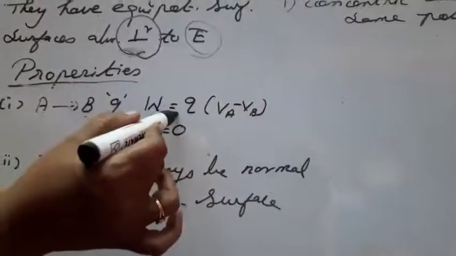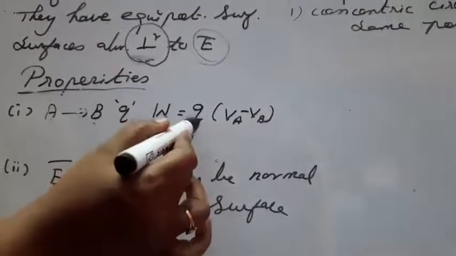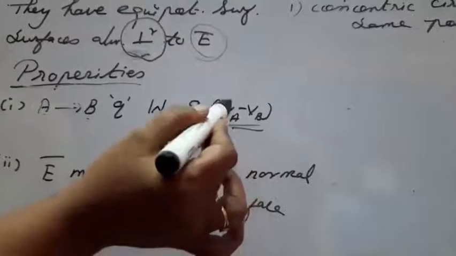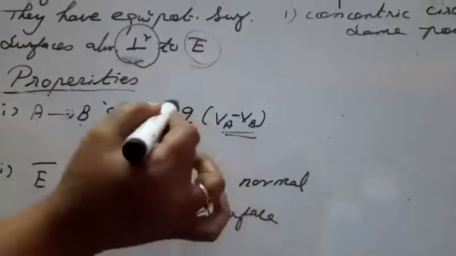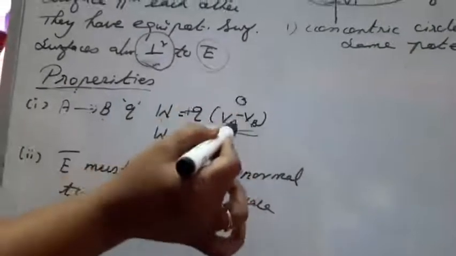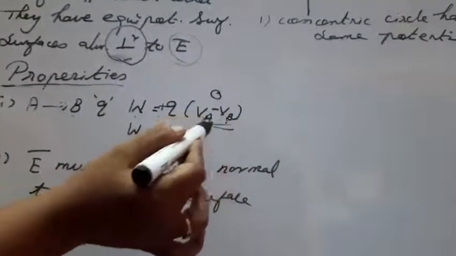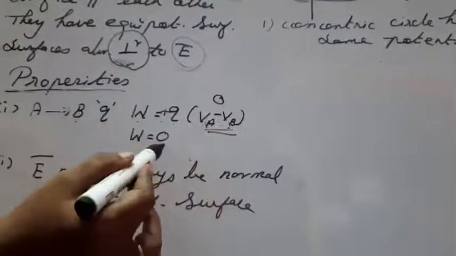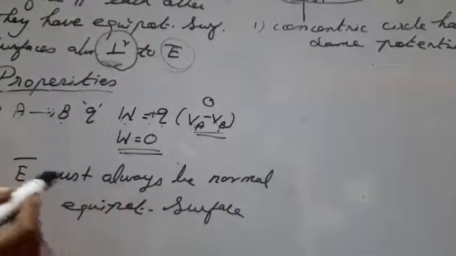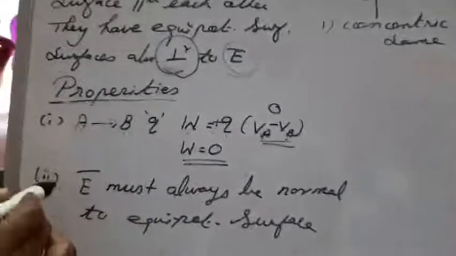The work formula is charge into the potential difference. Here the charge is plus q and the potential difference is va minus vb. We know that at each and every point the potential is the same, so this tends to 0 and there is no work done, that is W equal to 0. This is the first property.